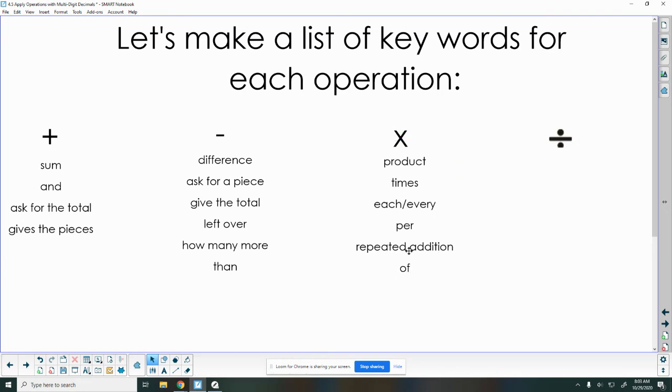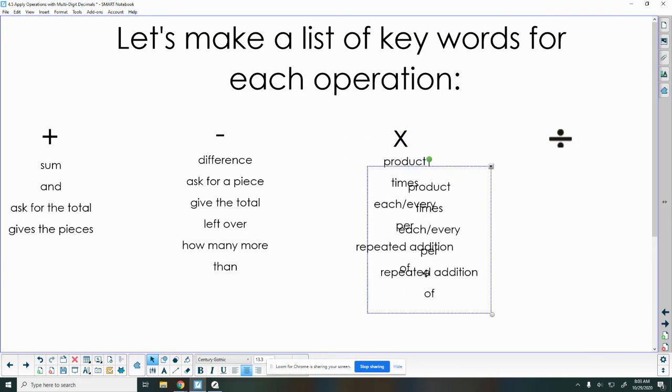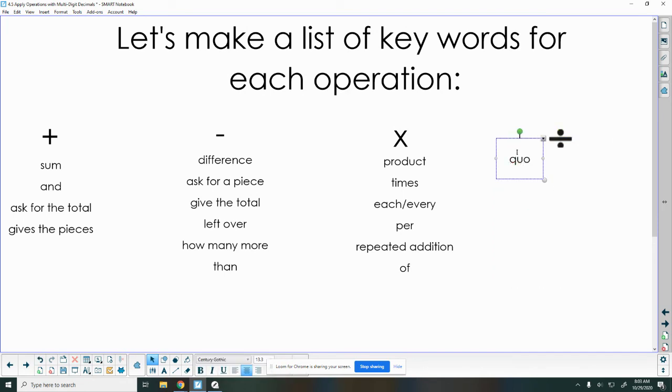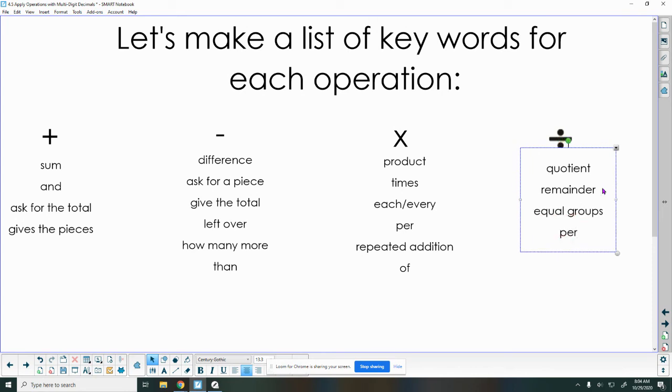Okay, so let's talk about some division words here. So when I am dividing, I know some words I might look for is the quotient, or if it's asking for a remainder, that might tell me I need to divide. If it's putting things into equal groups, and that word per can be on a dividing problem as well.